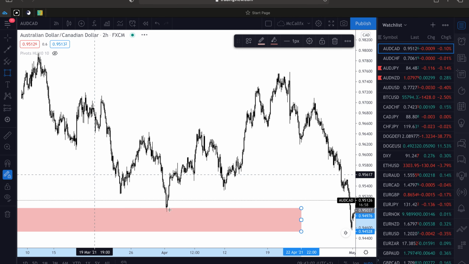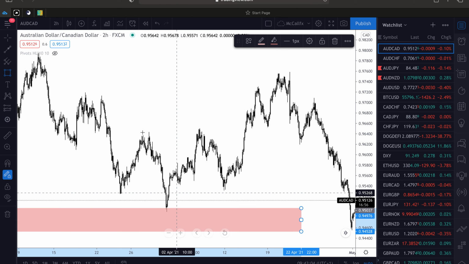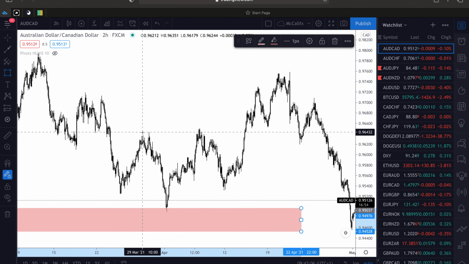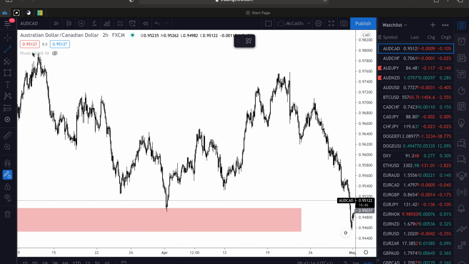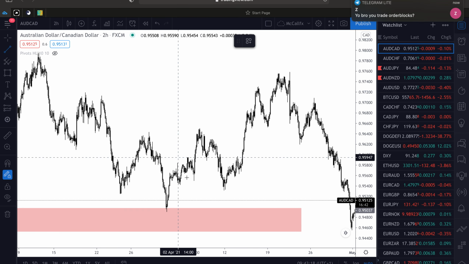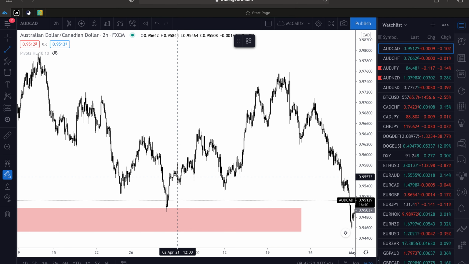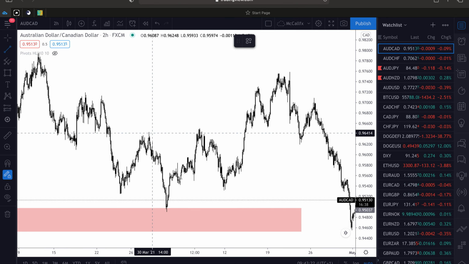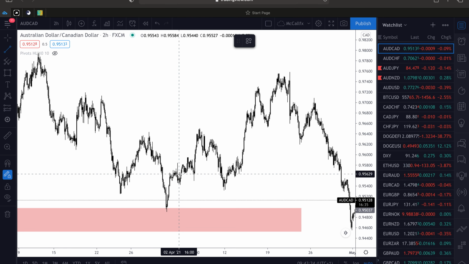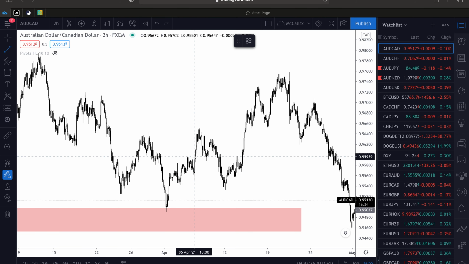So once price hit this level right here, the first thing I was expecting was price to break structure. Once I have that break of structure, then I have that confirmation that price is going to go back up. Because usually when I take a trade around this side, there's a high probability that price might not go in my direction.